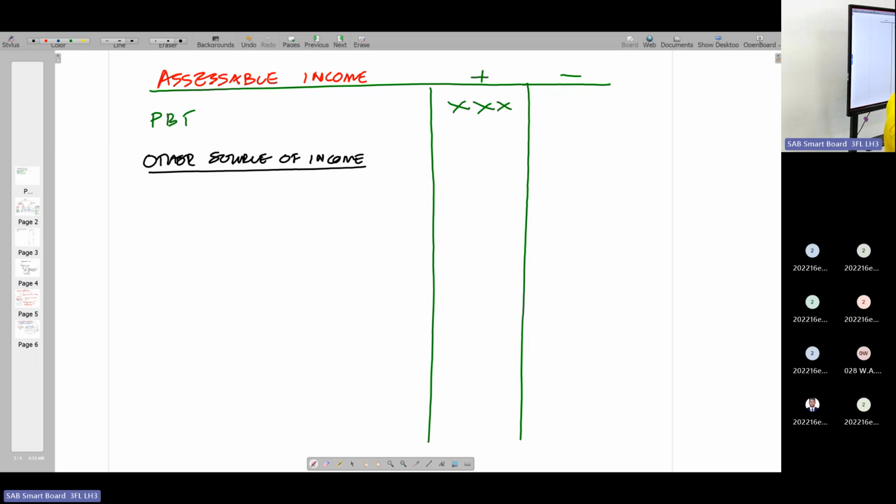That doesn't mean it is exempt from tax. We have to separately work out investment income. There are other sources of income which I have to take into account. I am putting them on the minus side. So I am taking the other source of income out of the business income.